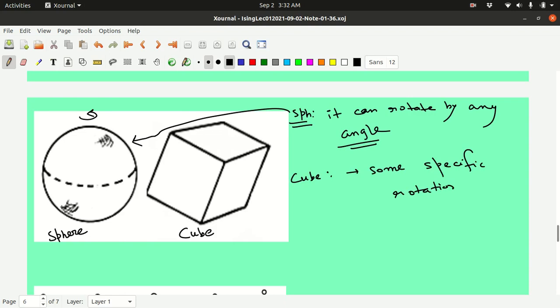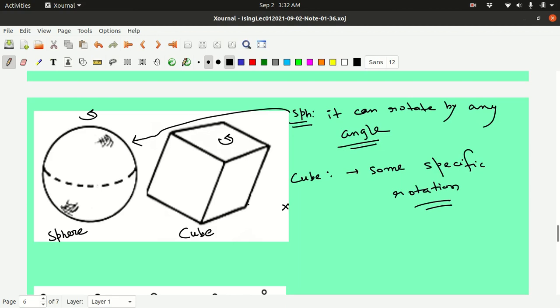By some specific rotation, I mean that if you rotate the cube by 90 degrees about any one of its faces, then it will be the same. Even if you rotate it 120 degrees or 240 degrees about its corner, it will be the same. If you rotate it 180 degrees about any of its edges, it will be the same. But if you rotate it by any arbitrary angle, it will not be the same as its earlier configuration, and that is basically the broken symmetry state.